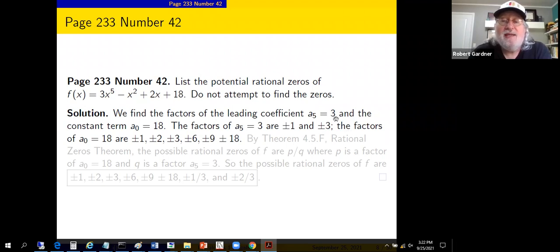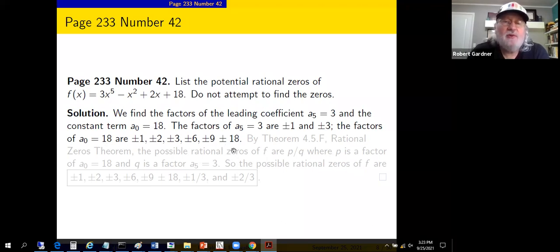Factors of 3 are easy, plus or minus 1 and plus or minus 3, integer factors of 3. The factors of 18 is a little lengthier list. Divisors of 18 are 1, 2, 3, not 4, not 5, 6, 9, and 18, plus or minus. So we actually get 1, 2, 3, 4, 5, 6. We get a dozen of those.